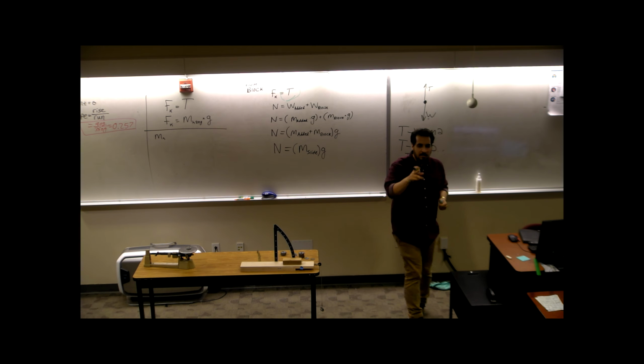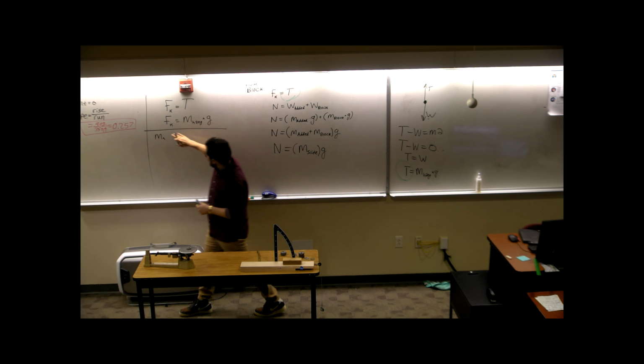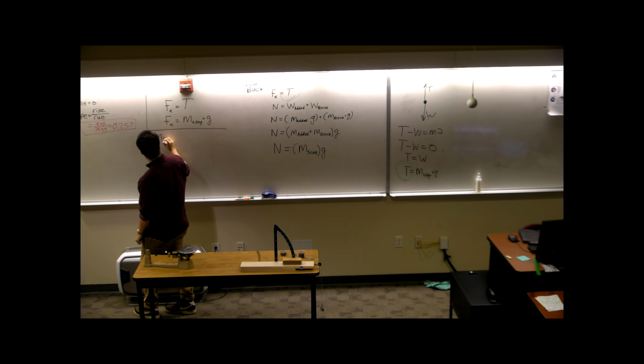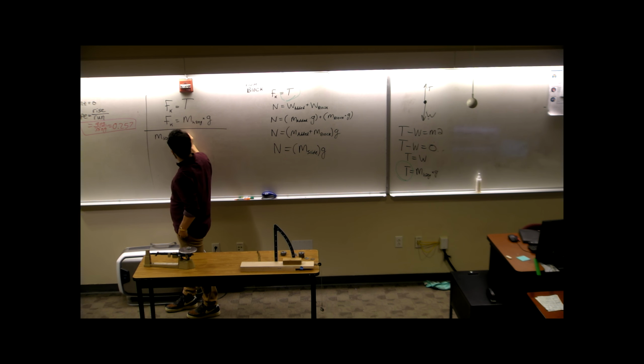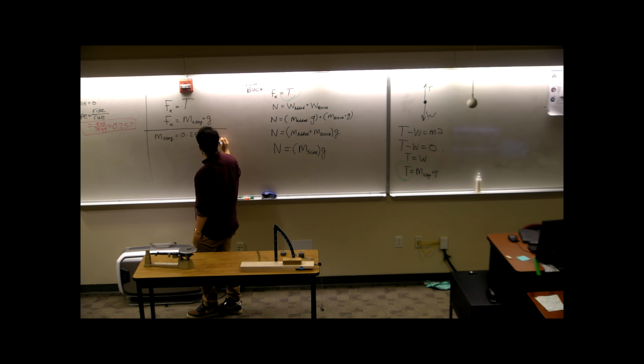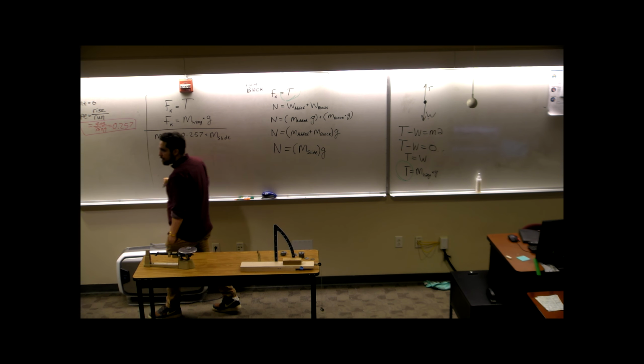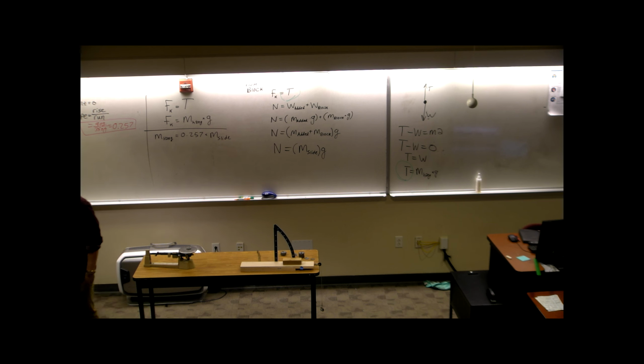We have the hanging mass on the vertical axis. All right. So we have the mass that is hanging is equal to 0.257 times the mass that is sliding. Yeah? Again, I promise you this is going someplace.